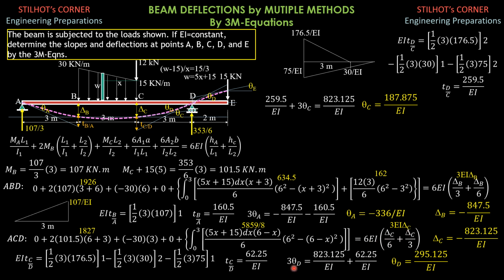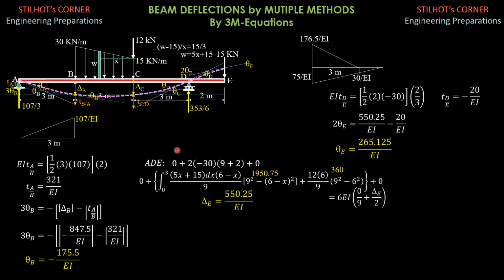So 3 theta D is equal to delta C, which is made positive, 823.125. That's delta C. After we compute this, then plus deviation of C relative to D, 62.25 over EI. The value divided by 3, so we can compute theta D, 295.125 over EI.